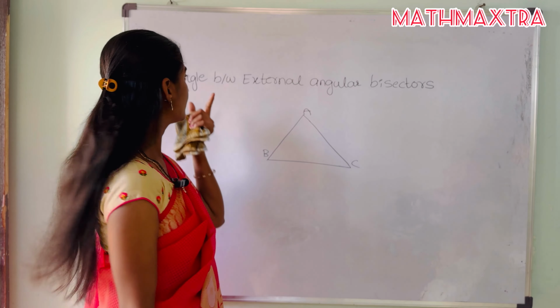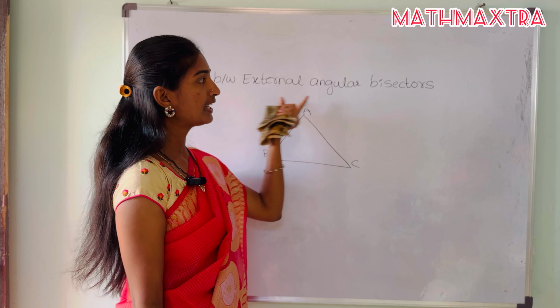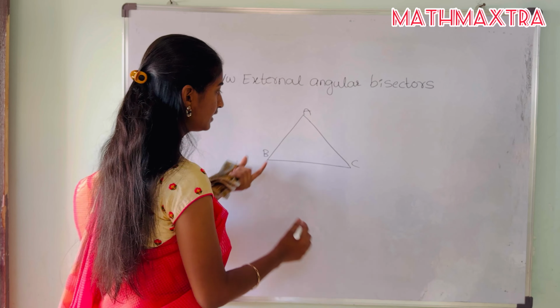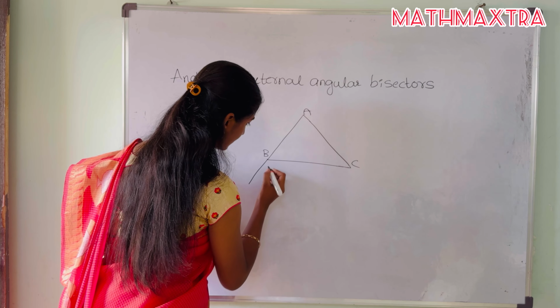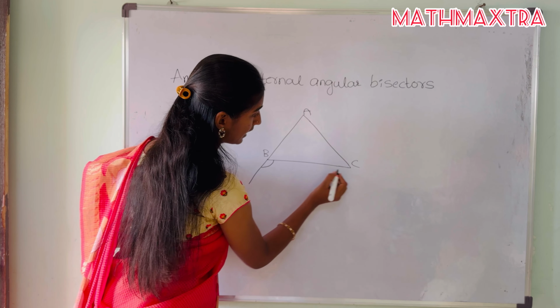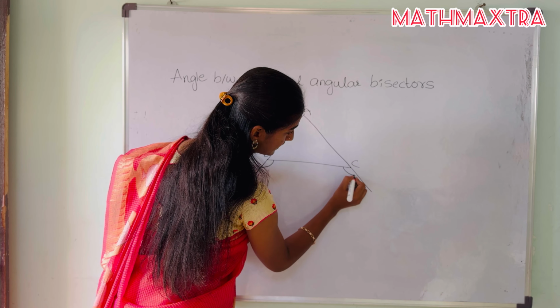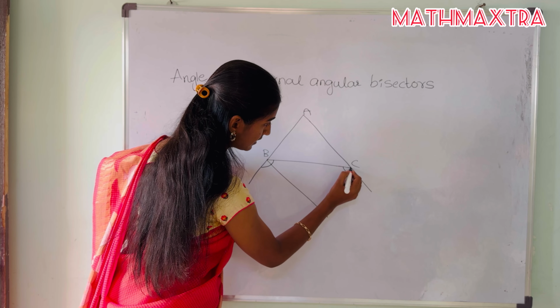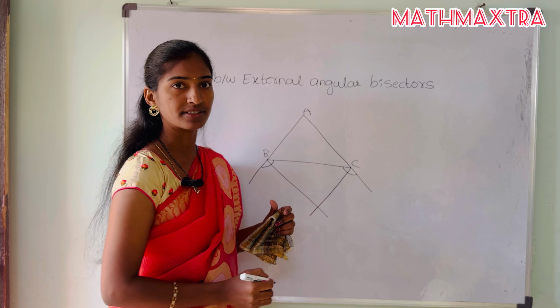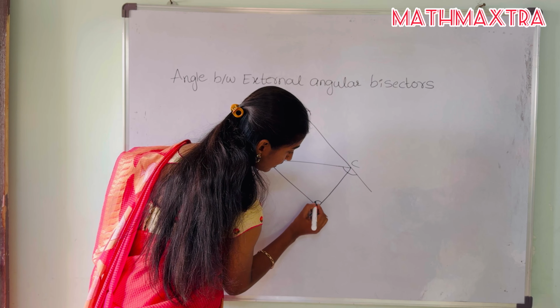The angle between external angular bisectors. See, this is a triangle ABC. Let us consider this is one external angle, and this is one external angle. This is one external angular bisector, and this is one more external angular bisector.